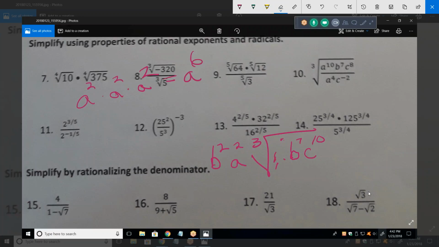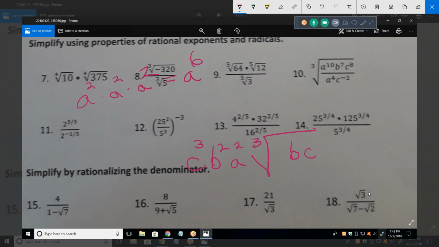So I'm erasing that, and I'm erasing that. Okay, what's the cube root of c to the 10th? C to the third comes out, and c stays in.